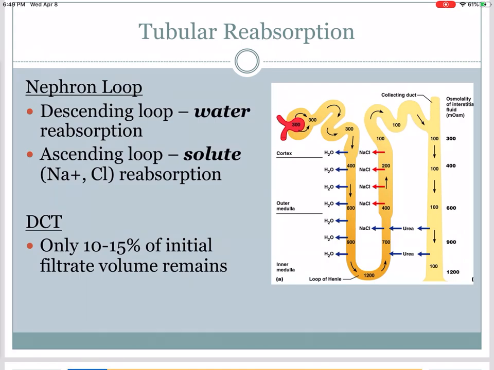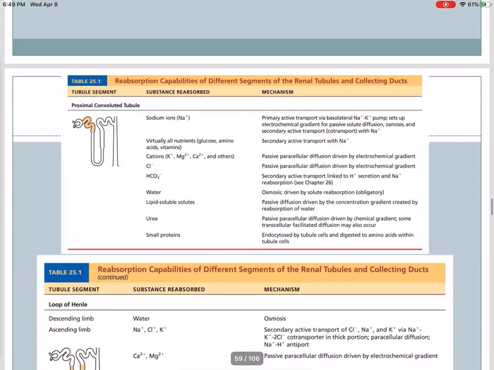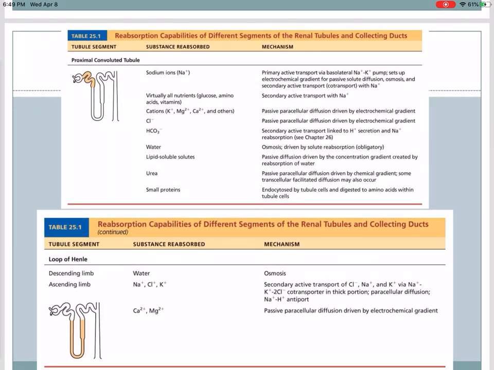All right, here's a picture that gives us some more examples. I'm going to talk more about this later, so don't worry about this picture yet. We're going to come back to that. I did give you some tables here, so if you're curious about what specific substances are reabsorbed where, it's possible to break it down because there are specific solutes that are reabsorbed in the proximal convoluted tubule versus the loop of Henle, descending and ascending limb.